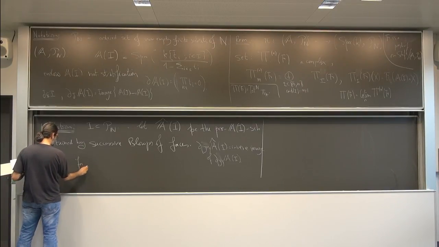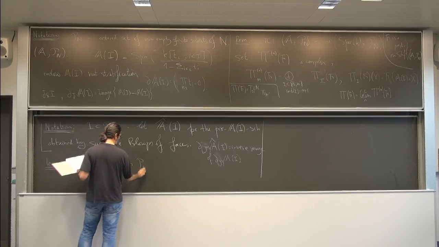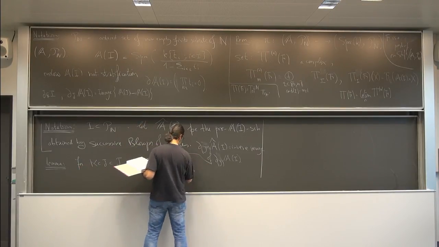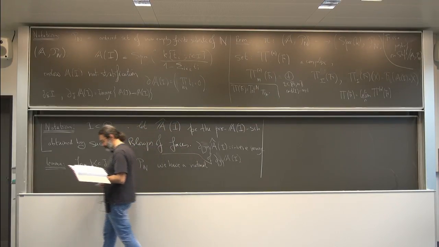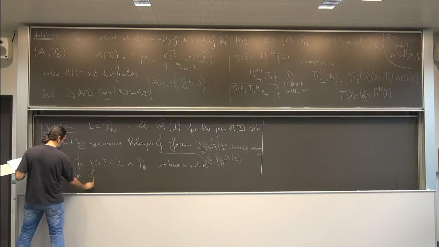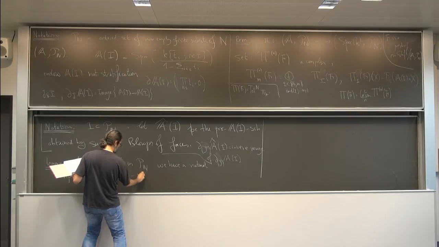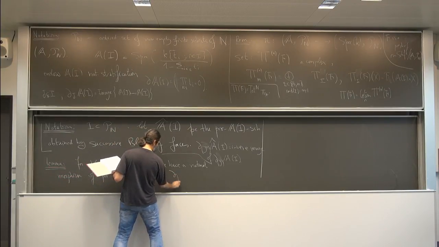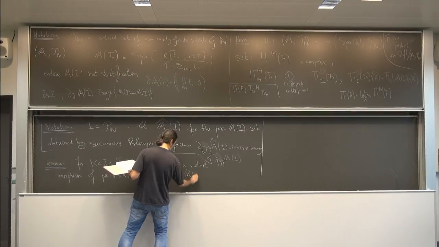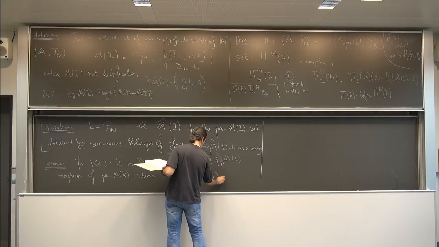So for K inside G inside I in P_n, we have a natural morphism of pro-A_K schemes between the K-boundary, or the K-face (it's not really a face), the boundary K of A-hat_I to the boundary K of A-hat_G.